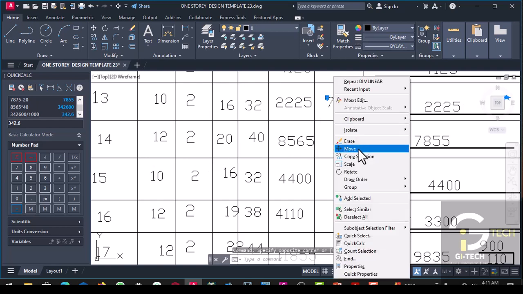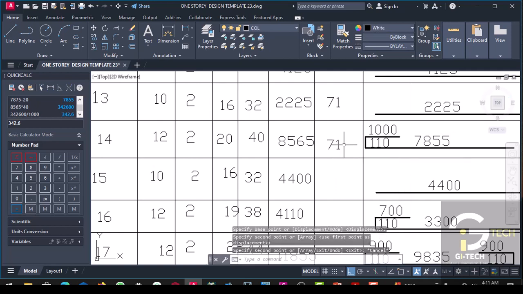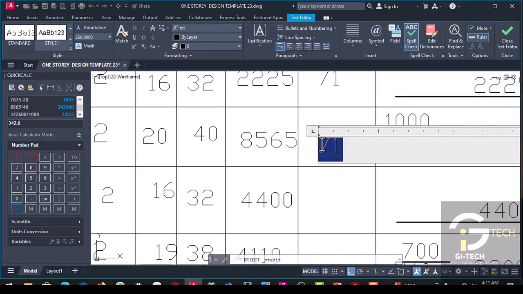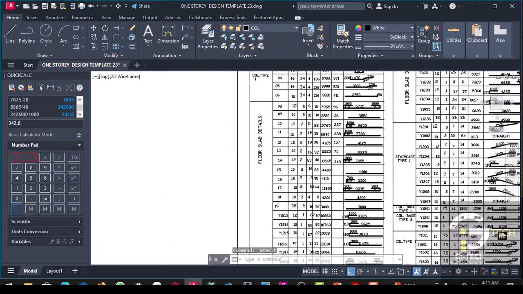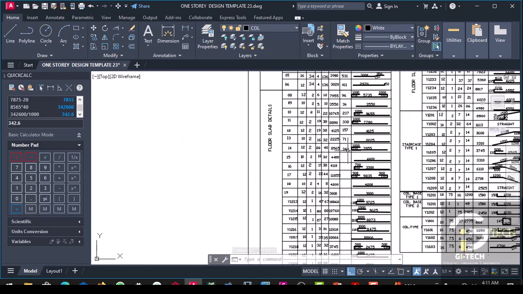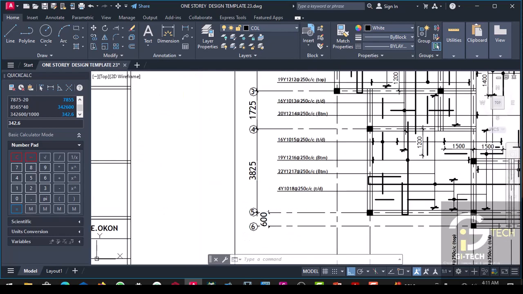So you can approximate this to 343. Okay, 343.